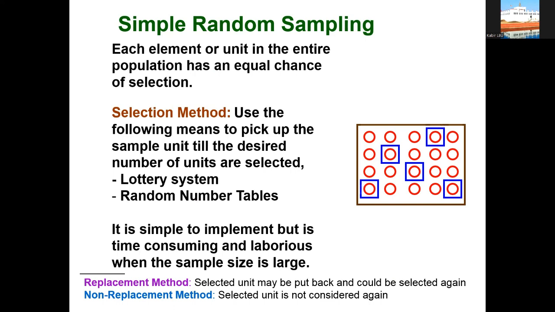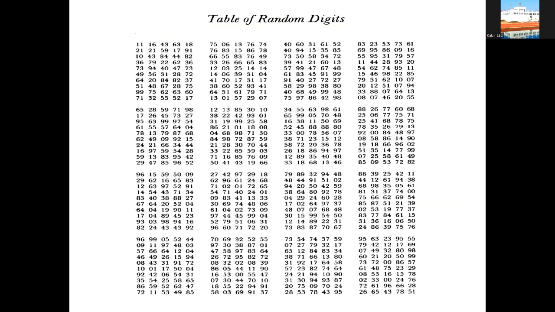It is simple to implement, but it is time consuming and laborious when the sample size is large. So when the village or district is very large, it is time consuming and also very laborious. So see here, there is some data which has been given on how we can make a random test or random sampling.